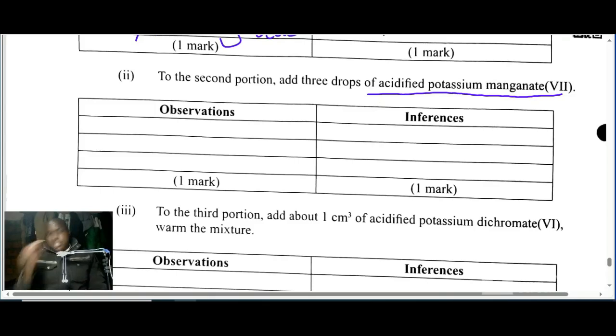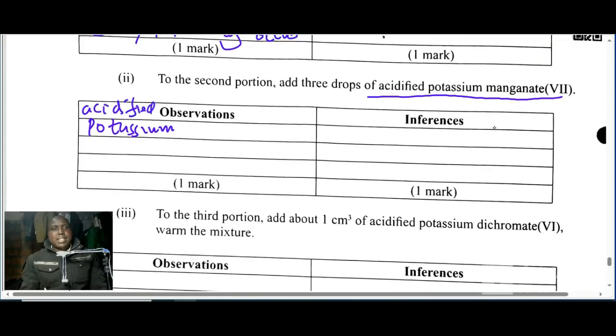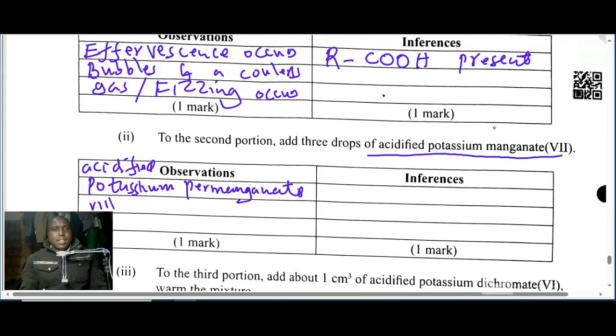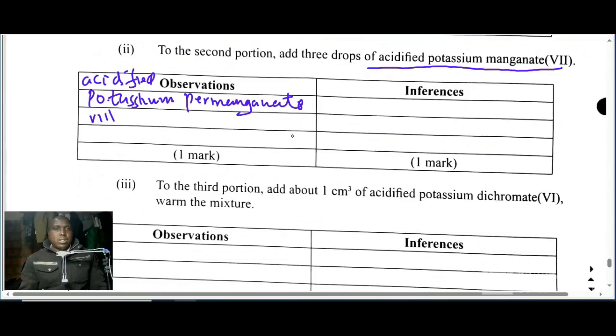To decolorize means the color changes from purple to colorless.